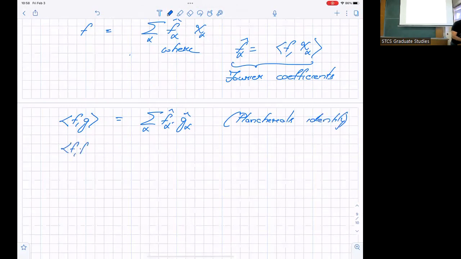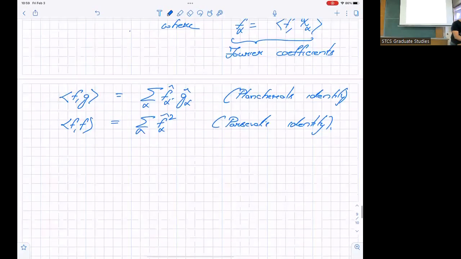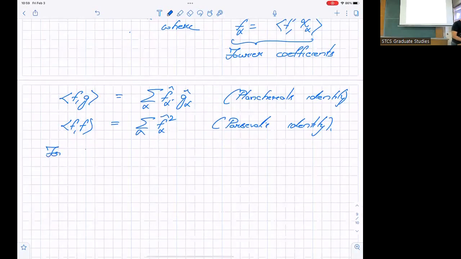And with f and f, it is the summation over alpha of f hat alpha squared. This is Parseval's identity. And for Boolean functions, what does this translate to? That is, f of x is in plus minus 1, so the inner product of f with f will be 1. Therefore, that will be the summation of f hat alpha squared.